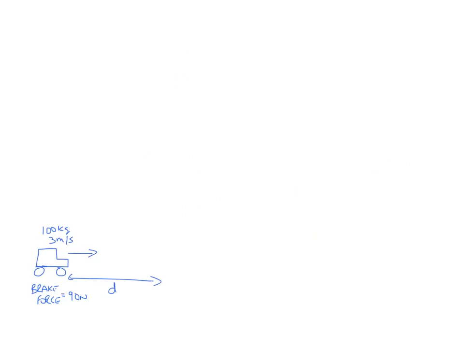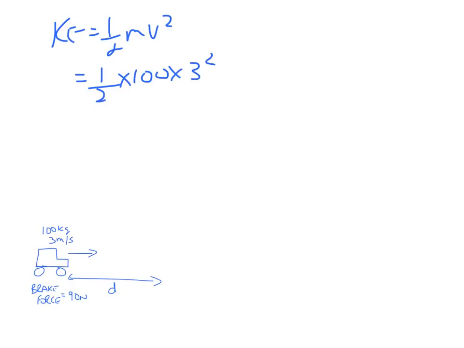We can work out its kinetic energy. Kinetic energy is half mv squared. So in this case it will be a half times 100 times 3 squared, which gives a value of 450 joules. So this car has kinetic energy of 450 joules.